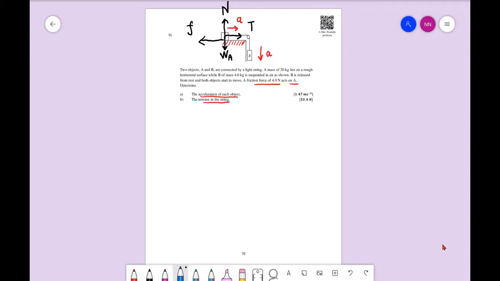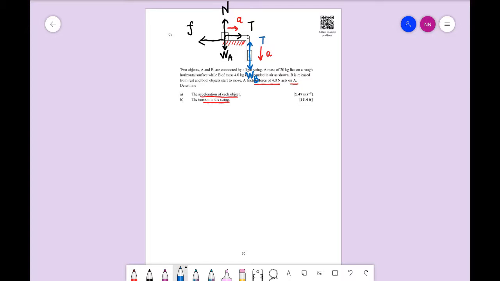For object B, the forces acting on object B is the weight itself, downward, and then the tension, because object B is also connected to the string, so it has tension away from the object B. So tension on object B is equal to tension on object A because it is the same string.